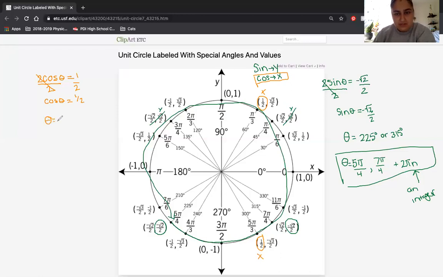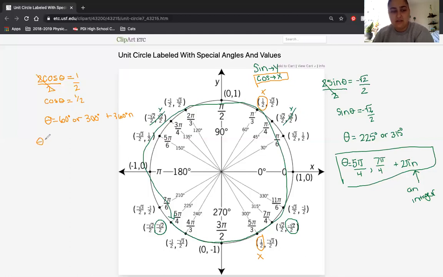These angles are 60 degrees or 300 degrees. You could write plus 360 times n, but that's kind of funky to write because we usually like to use radians when we talk about the unit circle.